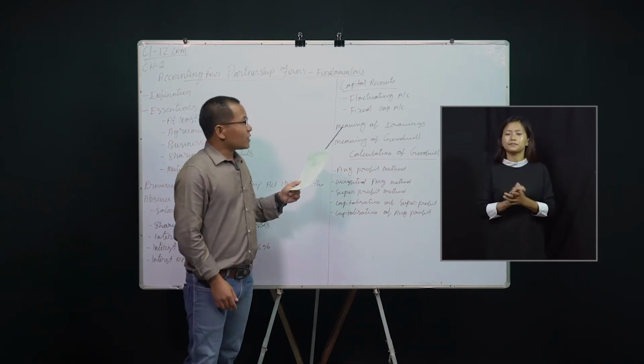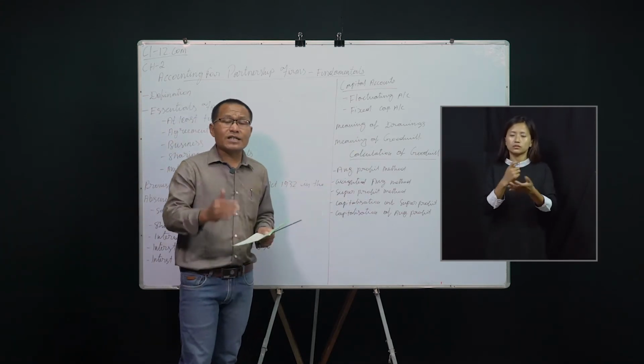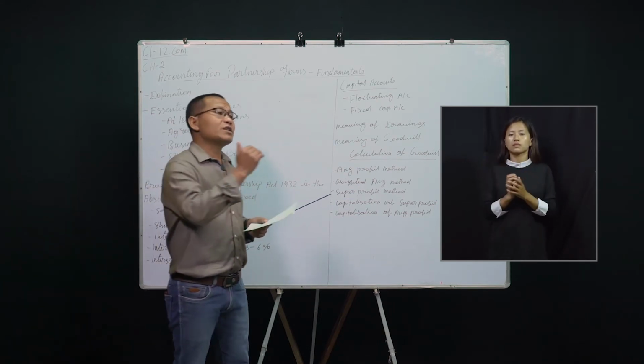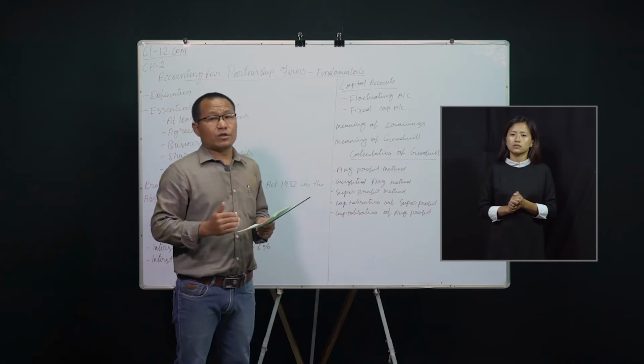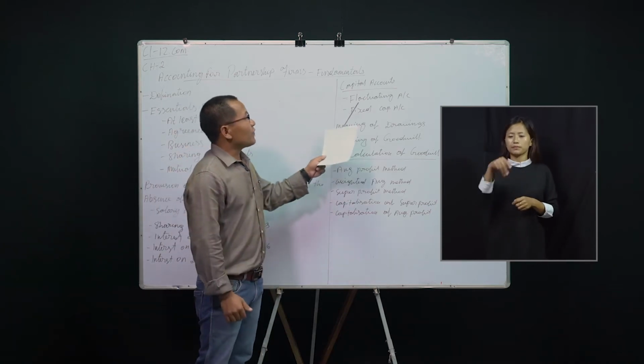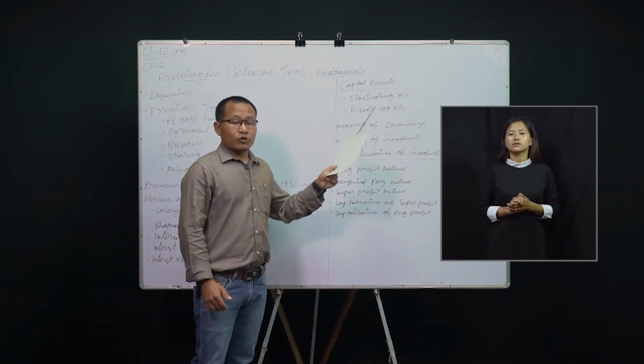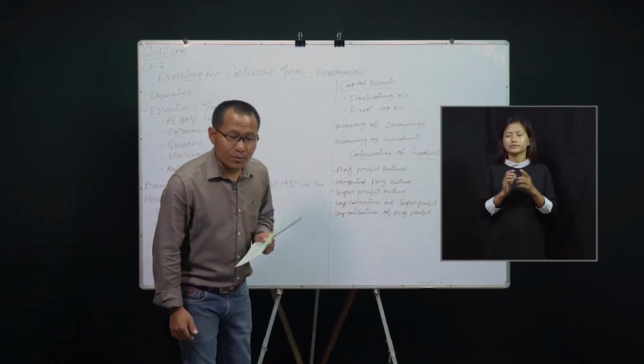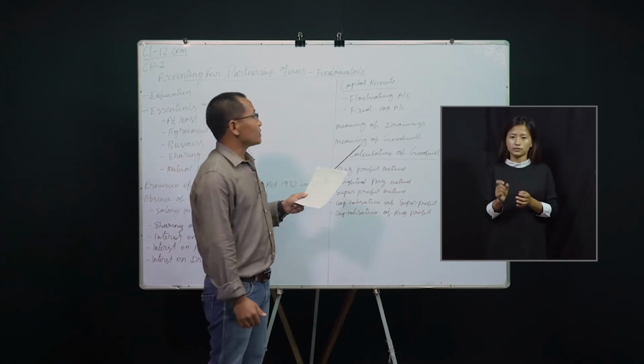All these transactions are recorded in his capital account, where the capital amount sometimes increases and sometimes decreases. Therefore, it is called a fluctuating capital account, where the capitals of the partners keep changing year after year.